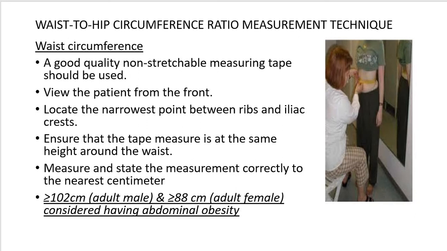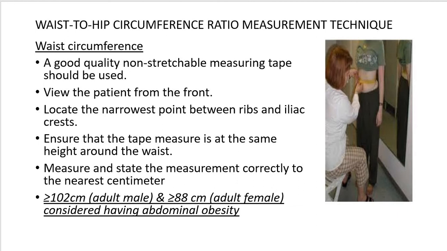And the next is the waist to hip circumference ratio measurement technique. Usually we say waist hip ratio. For taking the waist hip ratio, we have to measure the waist circumference separately and then the hip circumference separately. How is the waist circumference taken? A good quality non-stretchable measuring tape should be used for taking the waist circumference, and one has to view the patient from the front.